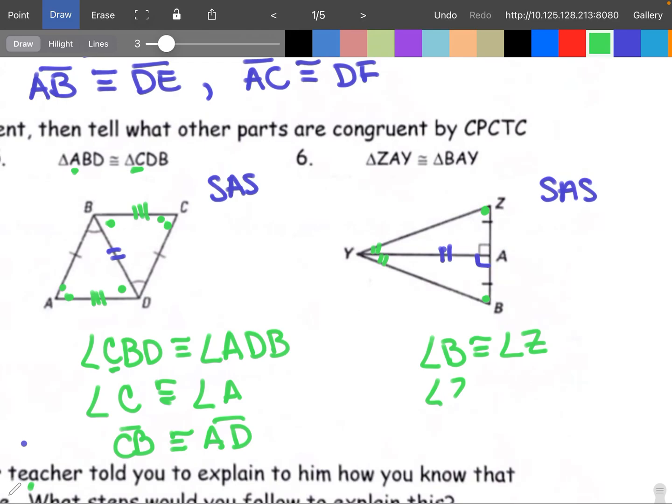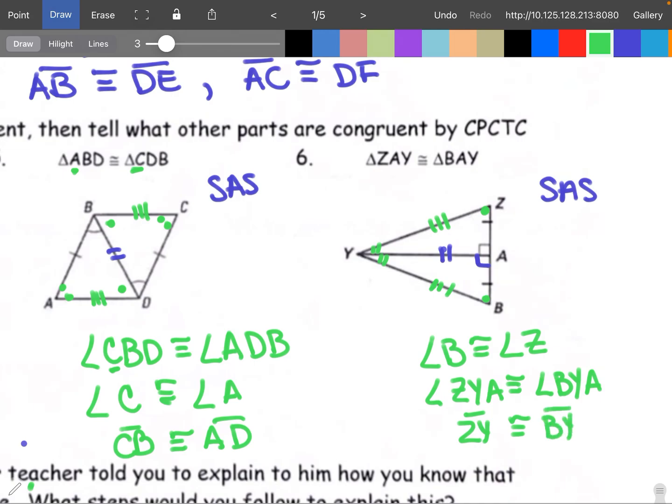So how about angle ZYA is congruent to angle BYA. And then I have this last side here. So ZY congruent to BY.